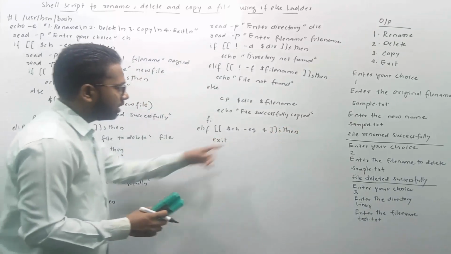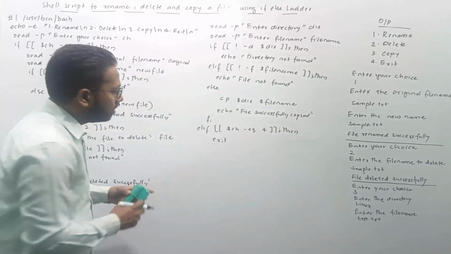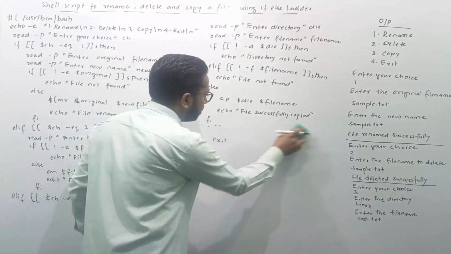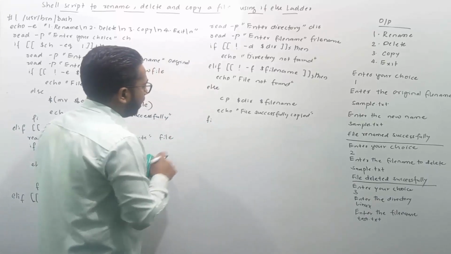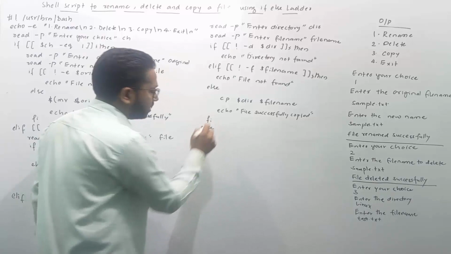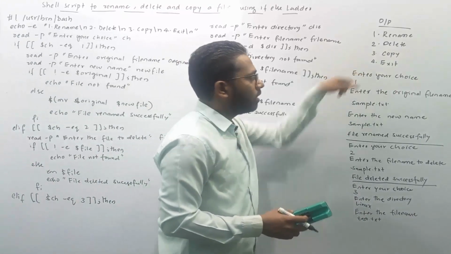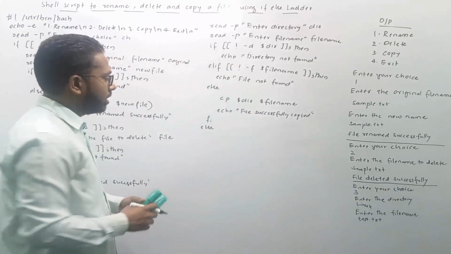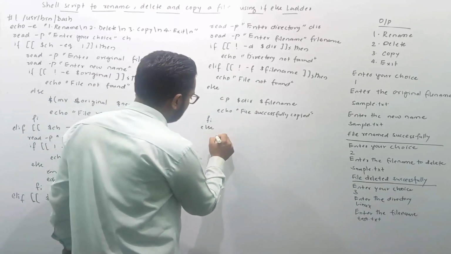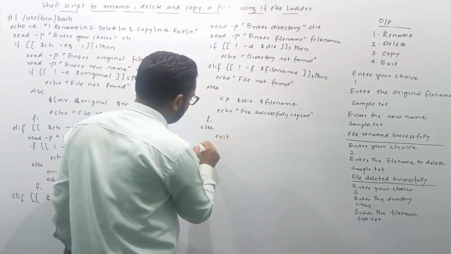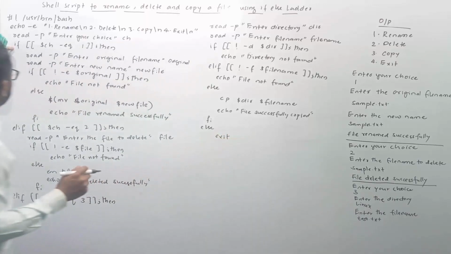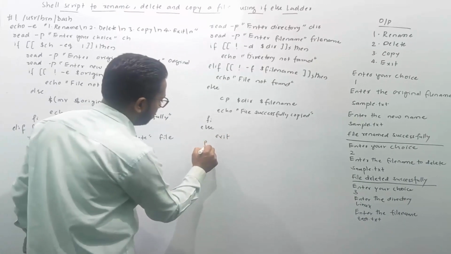Okay, what if user enters 4? Or you can do like this. Okay, else if user enters any number or a character other than 1, 2, 3, then I want the program to be terminated. Else exit, then this if should get closed.